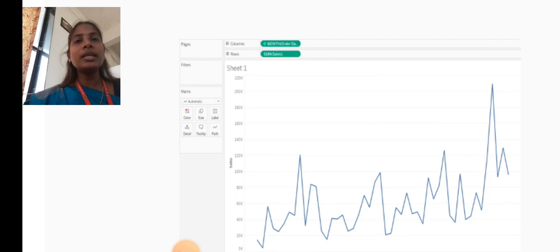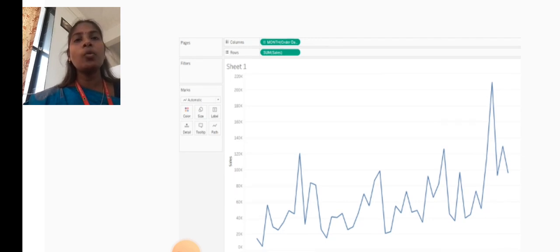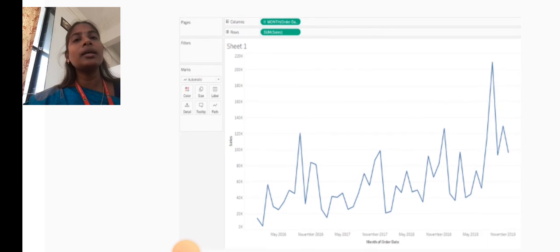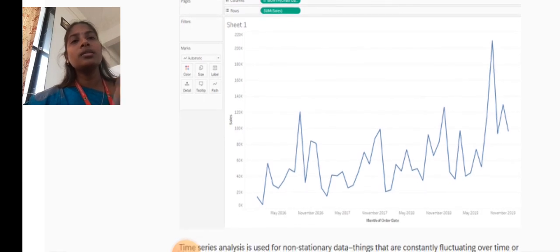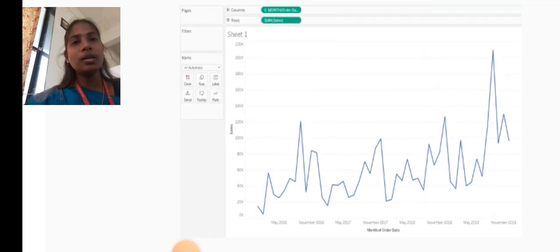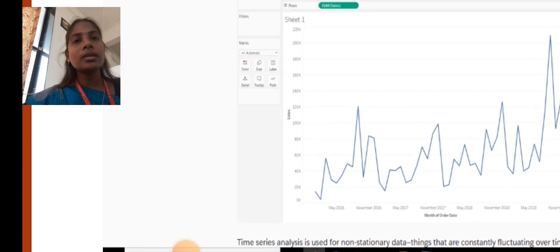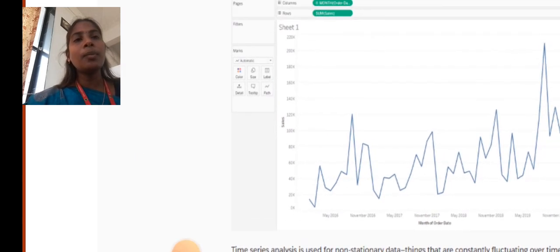After that there is one called marks. Here we can provide what kind of values we have to provide. The first one is color, the second is size, the third is label, and the fourth is the path values.